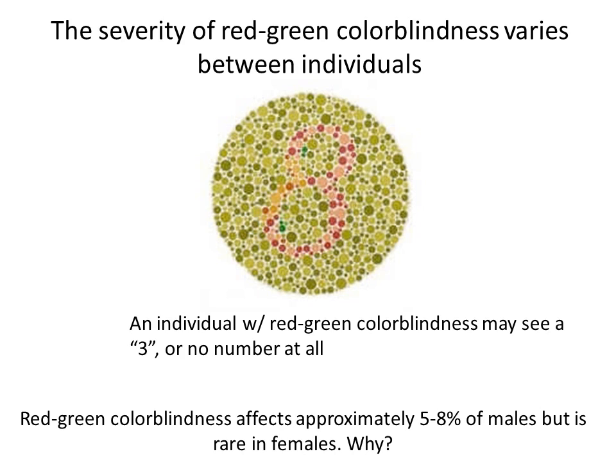So they may see the number 3 or no number at all. This is known to affect somewhere between 5 to 8% of all males, but it's very rare in females. This is because, again, you have to have mutations in both of the X chromosomes that you inherit from your parents to have it as a female.